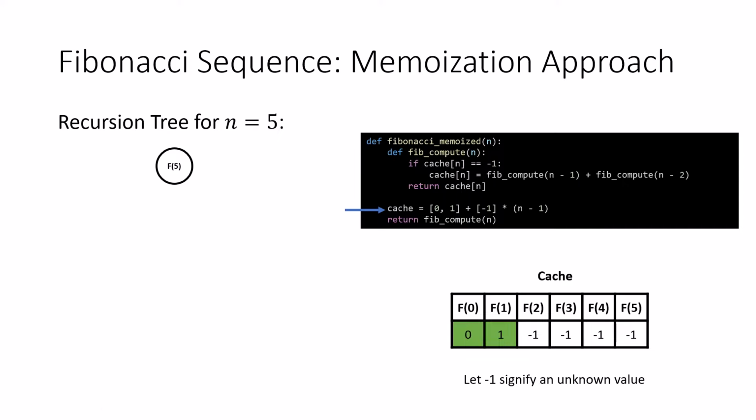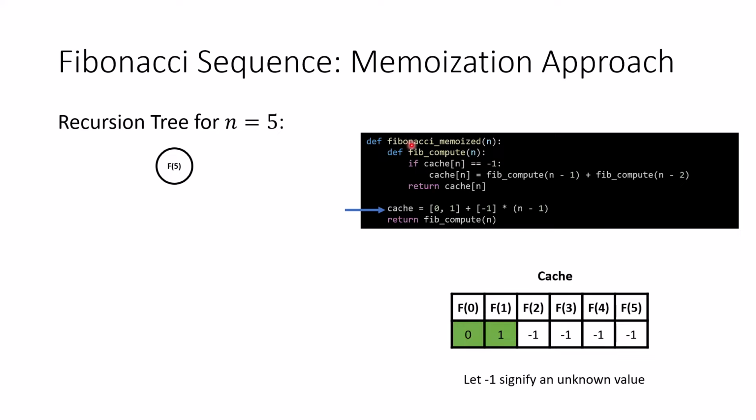So let's look at the code real quick. The code is not exactly the same as what the recursive approach was. There are some crucial differences here. Basically, I put a function, because I'm using Python, but you don't necessarily have to do it in Python, of course.